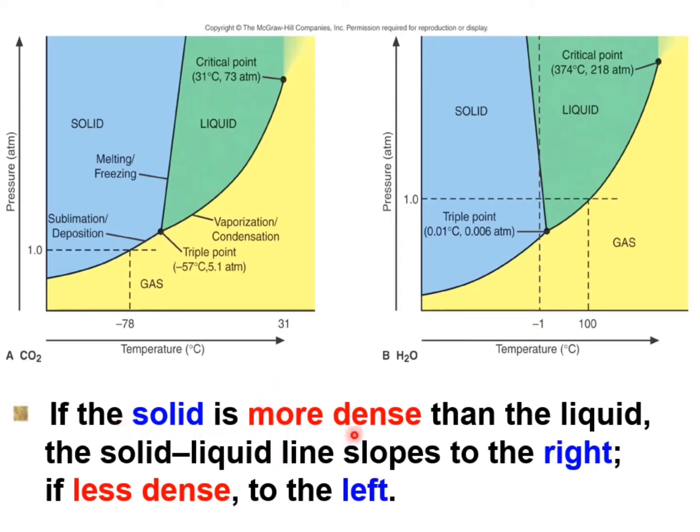If the solid is more dense than the liquid, the solid liquid line slopes to the right. Okay, kalau macam carbon dioxide, solid carbon dioxide lebih tumpat daripada liquid carbon dioxide. So, phase diagram dia adalah positive slope. But for H2O, solid H2O is less dense than its liquid.